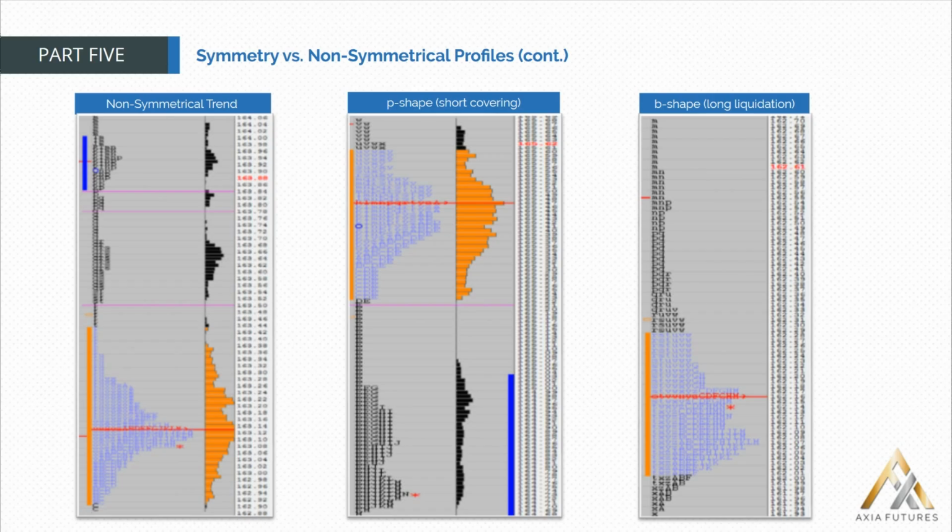Now, the important thing to note is that this non-symmetry, or this lack of symmetry, creates very good opportunity for us. So by that very token, non-symmetrical trend days are fantastic opportunities and you should be capitalizing on them. Not to worry though, we will spend a lot of time talking about trend and how you can develop strategies based purely on just simple non-symmetrical profiles.